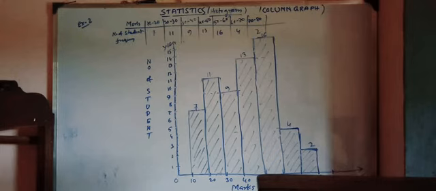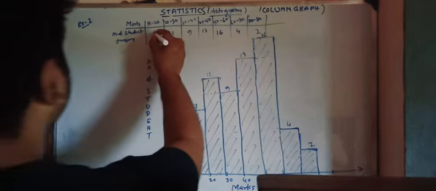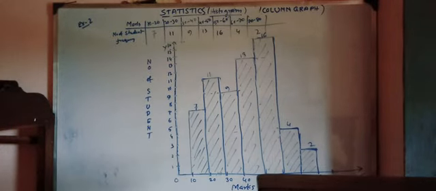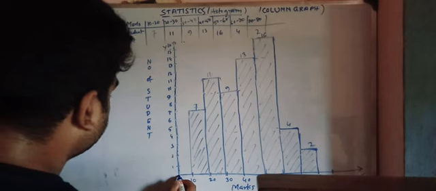Now I am showing you the frequency polygon for this data. For drawing the frequency polygon we have to start from 0 to 10.